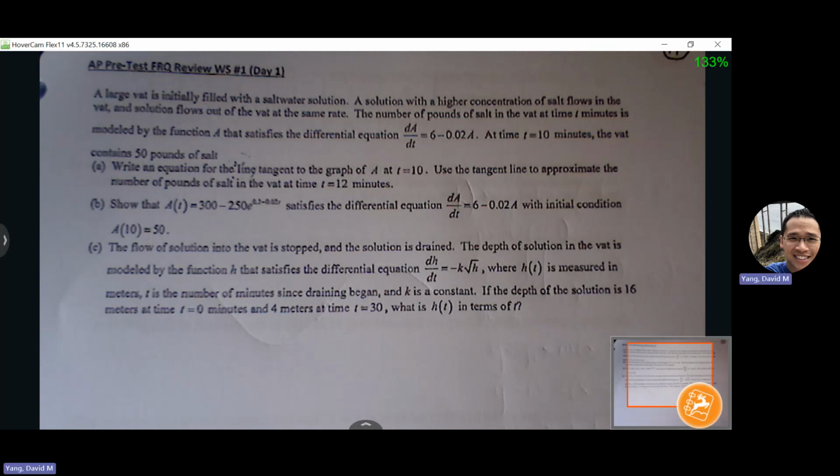A solution with higher concentration of salt flows in the vat and solution flows out of the vat at the same rate. The number of pounds of salt in the vat at time t minutes is modeled by the function A that satisfies the differential equation. At time t equals 10 minutes, the vat contains 50 pounds of salt. Write an equation for the line tangent to the graph of A at t equals 10.